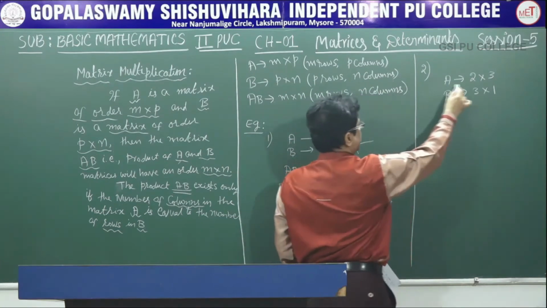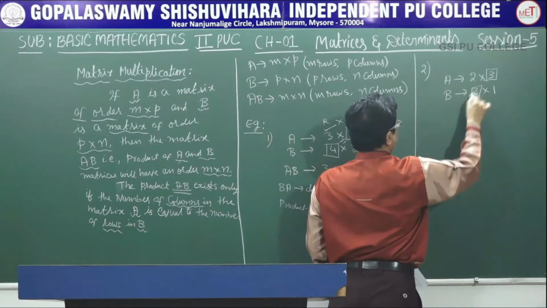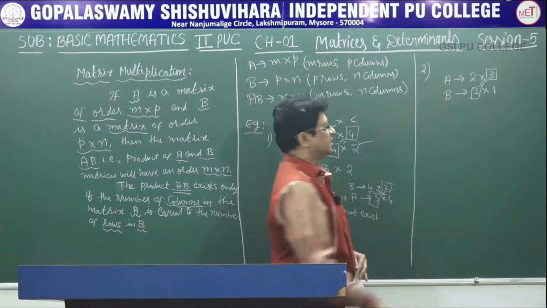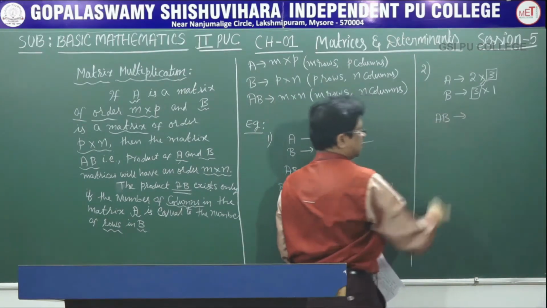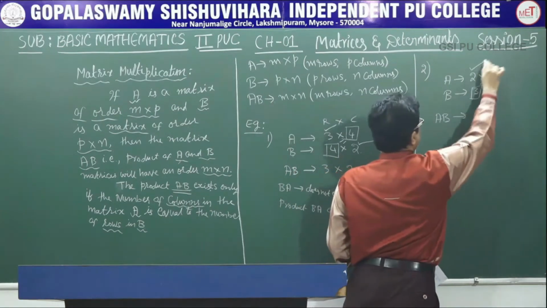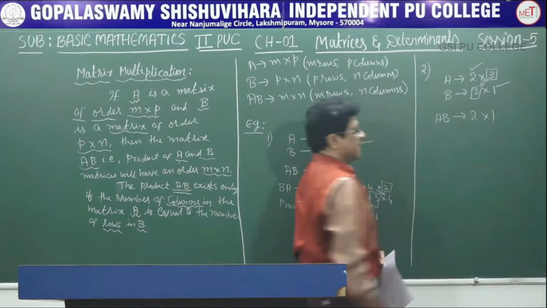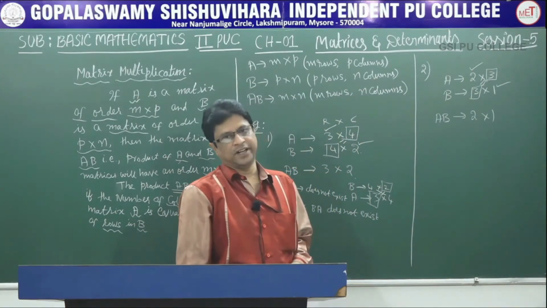Here if you observe, the number of columns in A is equal to the number of rows in B. Therefore, the product AB matrix exists and its order is 2 into 1.